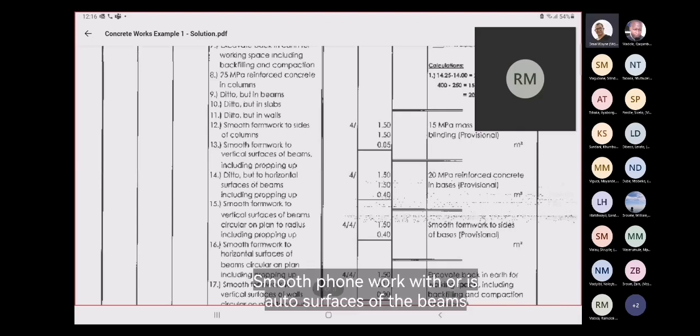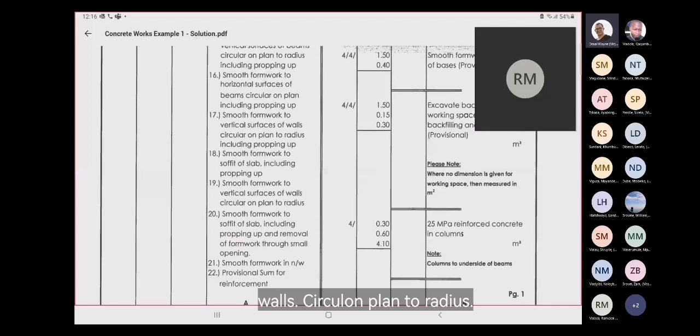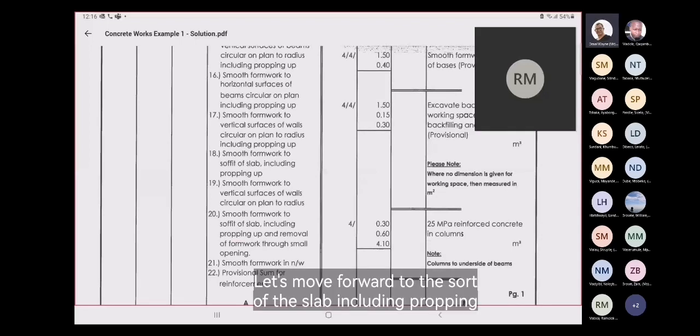Smooth formwork to the vertical surfaces of my walls, circular on plan, to radius, and smooth formwork to the soffit of my slab, including the propping up and removal of the formwork through the small opening, and smooth formwork in narrow widths, and then provisional sum for my reinforcement.